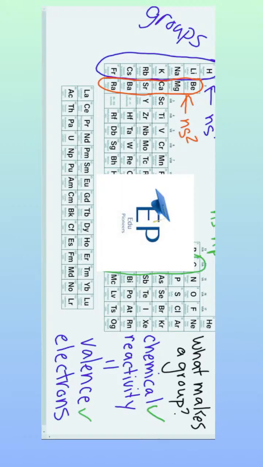But in that outermost s and p shells for all of the elements in group 4A, they're all going to have 2 electrons in their s shell and 2 electrons in their p shell. And this is kind of why we group elements together in the way that we do, because the same number of valence electrons means they're going to have similar chemical reactivity.